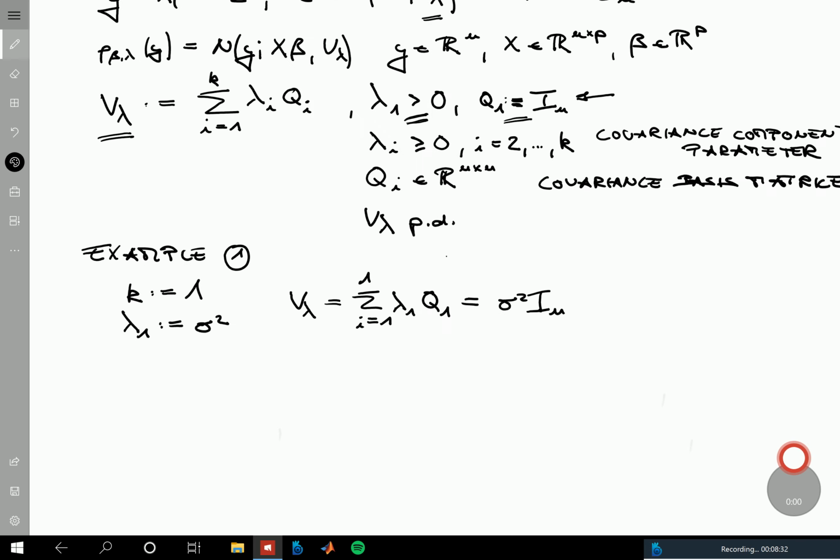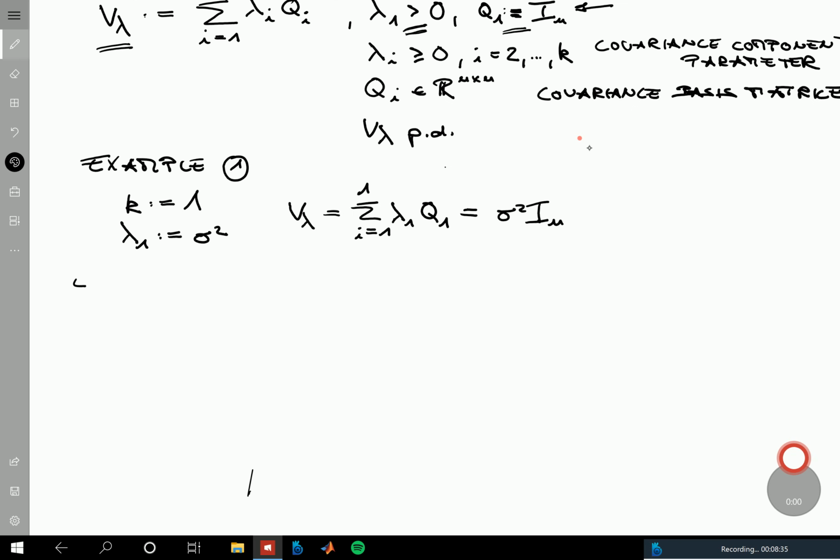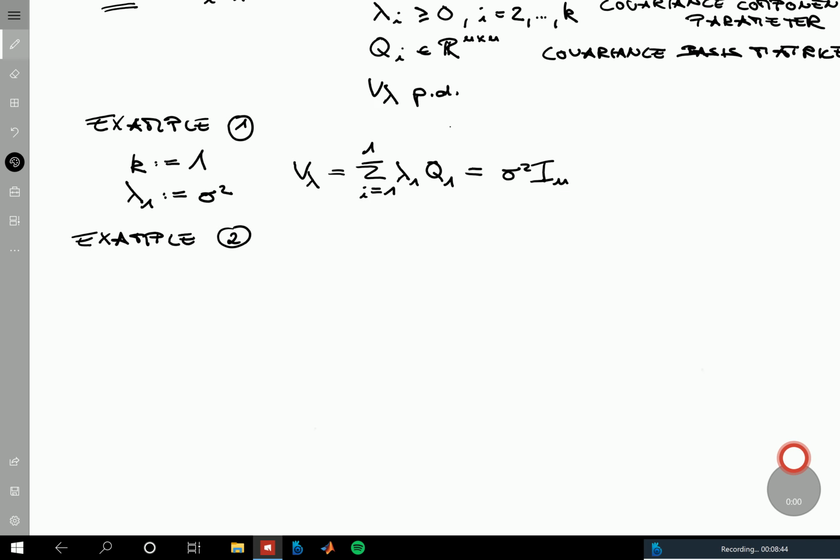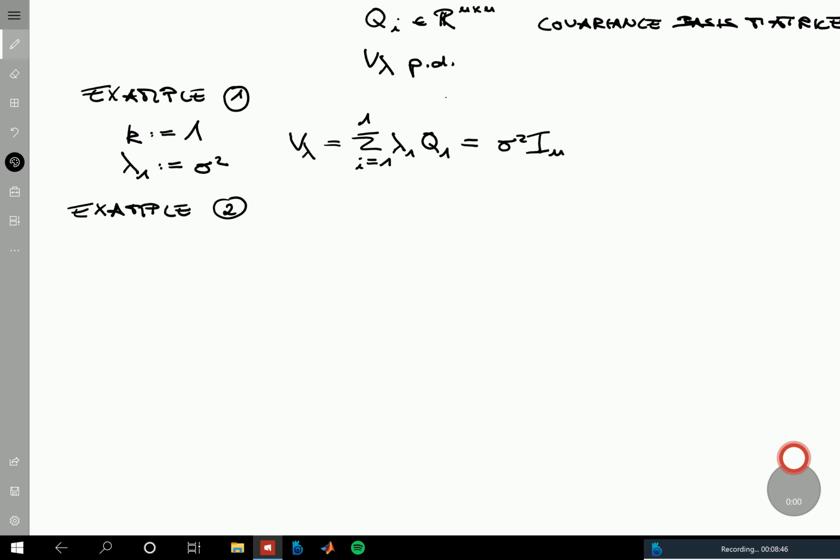And to give you the most important example also right now, because this is the one that is always estimated and formulated in fMRI, we let k be 2. In fMRI it's not like there are 10 covariance components and basis matrices and component parameters, but there are 2. Instead of 1 in the spherical setting, there are 2.